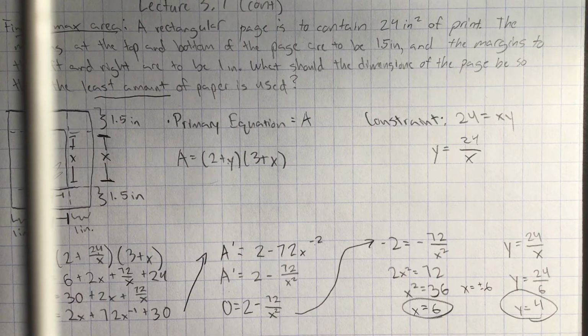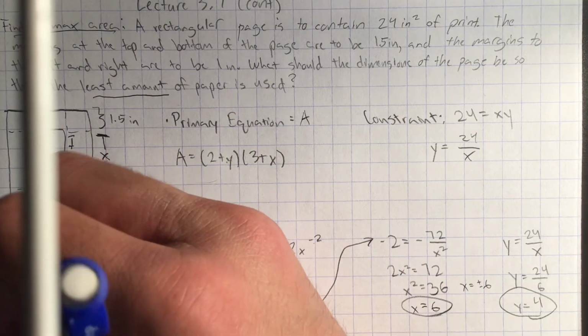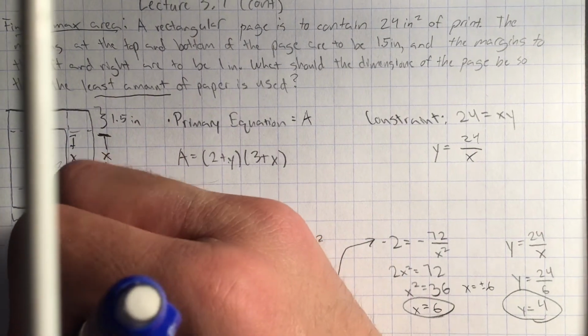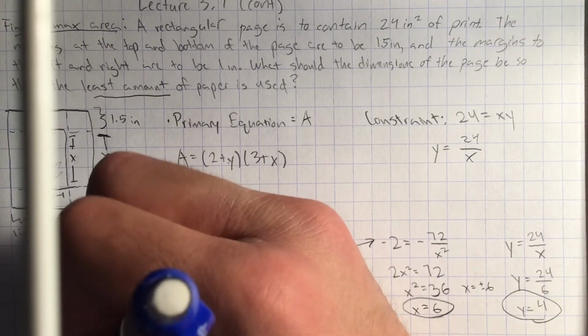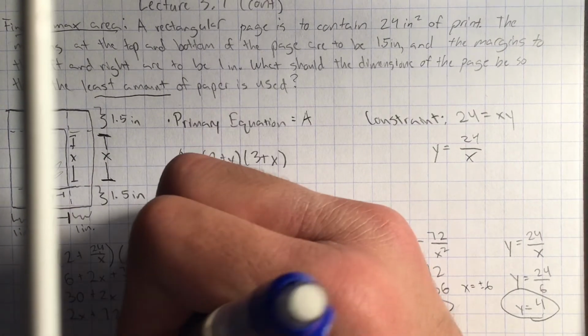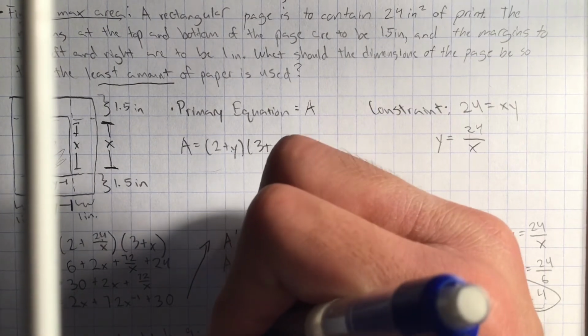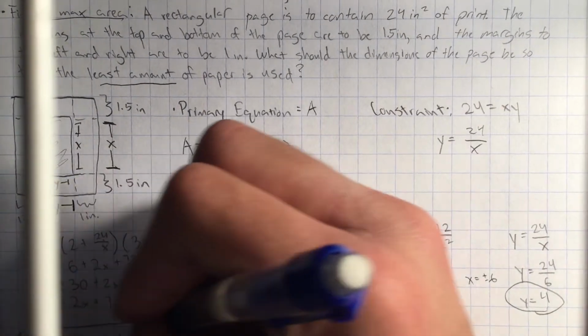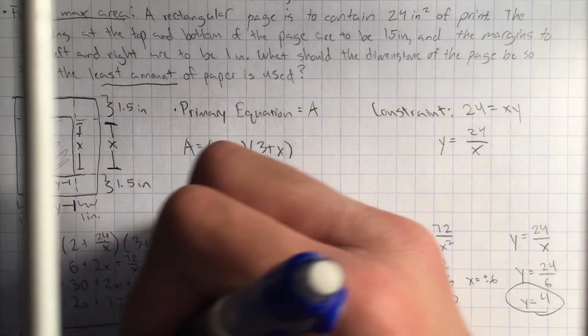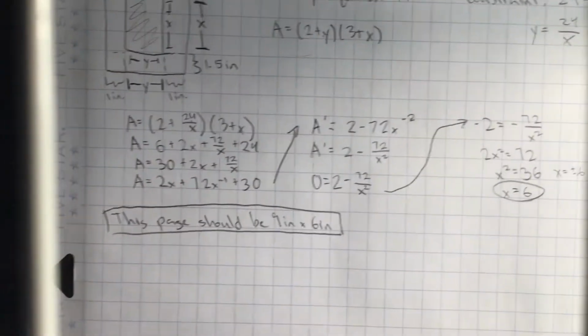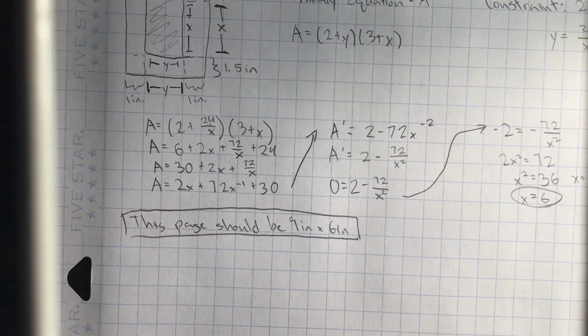So we actually end up with 9 by 6. So this page should be 9 inches by 6 inches. And that is our final answer. This page should be 9 inches by 6 inches.